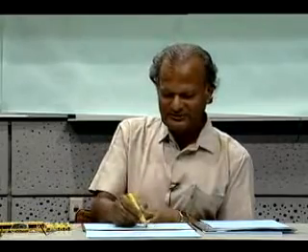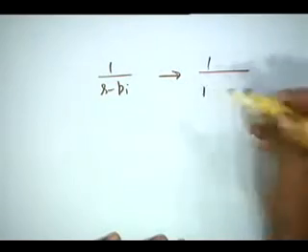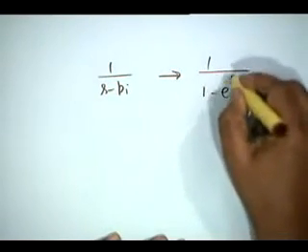The weakness of this transformation is that H A of s may not be band limited. How does it reflect in the transformation? 1 by s minus pi transforms to 1 minus e to the pi t z inverse.